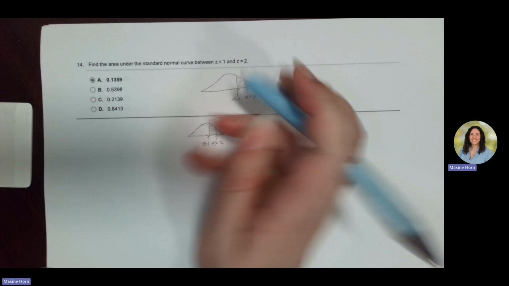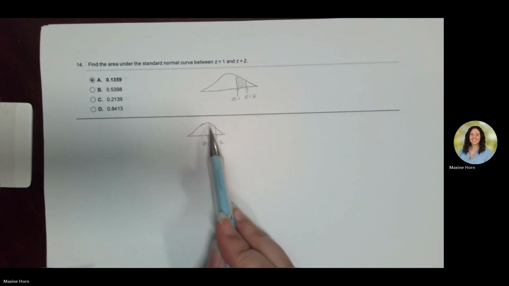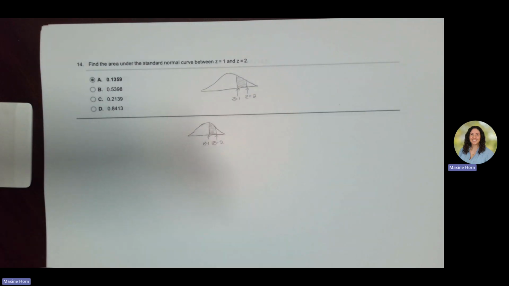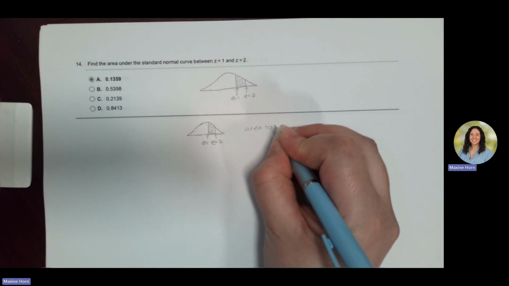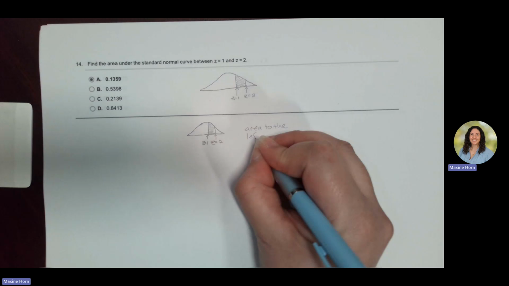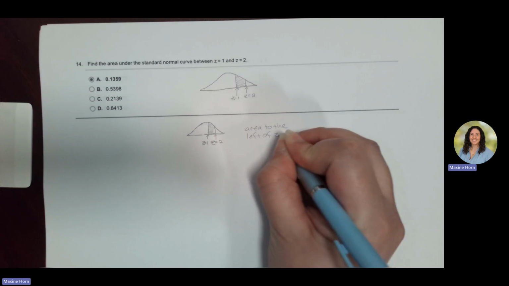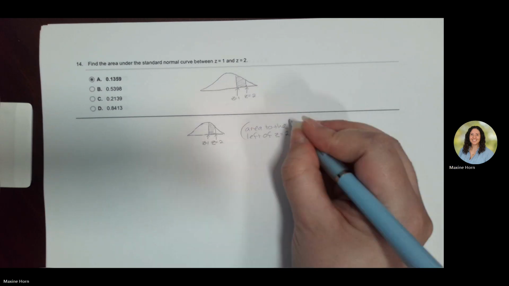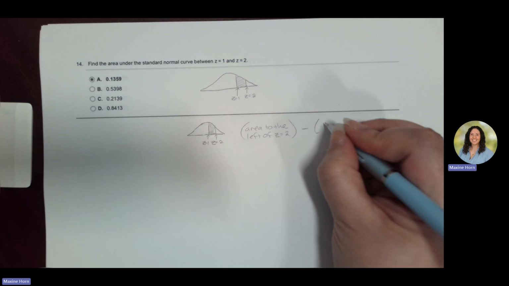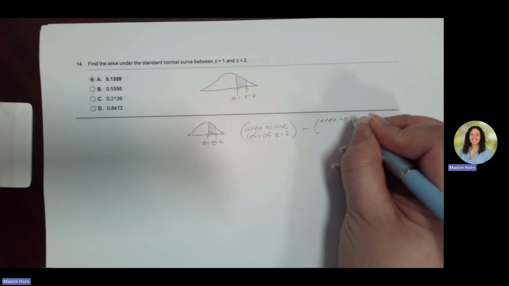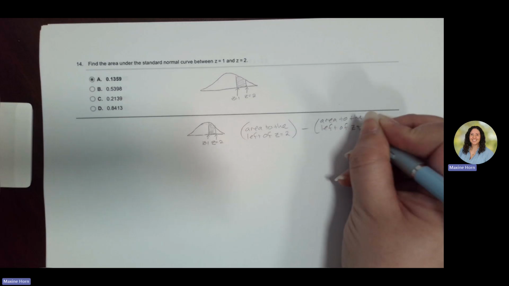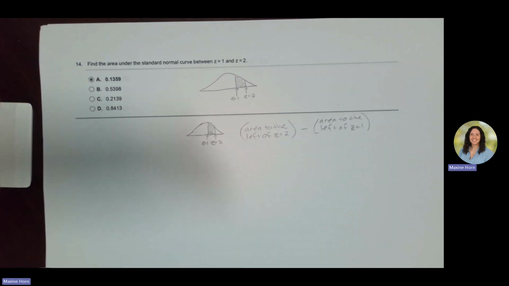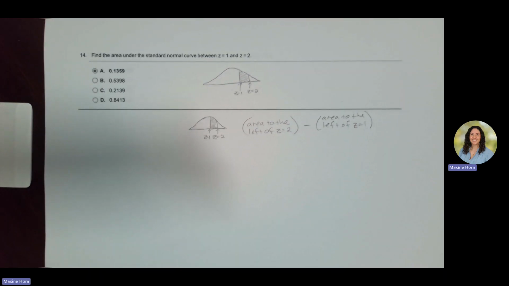I don't want that anymore. That will leave me with that middle portion. So that's exactly what we're going to do. We're going to do the area to the left of z equals 2 minus the area to the left of z equals 1, right?